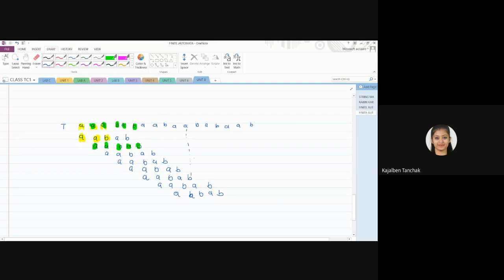So simply what you will do, sorry, A and A matching, A and A is matching, B and B is matching, A and A is matching, B and B is also matching. These 5 characters are matching. So again, second time we have matched the characters. Now again shift by 1.